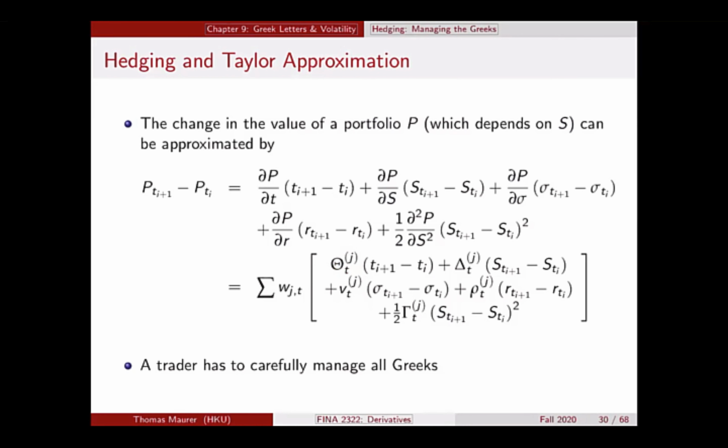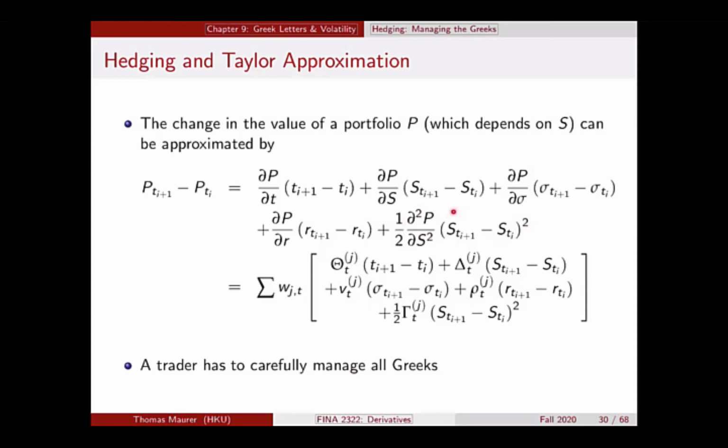Then in addition to that, if the price of the underlying S changes, I need to consider how big the delta of my portfolio is. Then I can consider by how much the volatility of that underlying asset changes and multiply that by the vega of my portfolio. We also have changes in interest rate, and I have to multiply these changes by the rho of my portfolio.